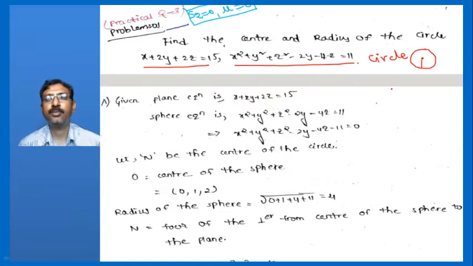So for that, if a sphere and a plane form a circle, then the circle lies on the sphere and also on the plane. What does it mean? It means that the points on the circle lie on the sphere and also on the plane. So we have to remember the concept.